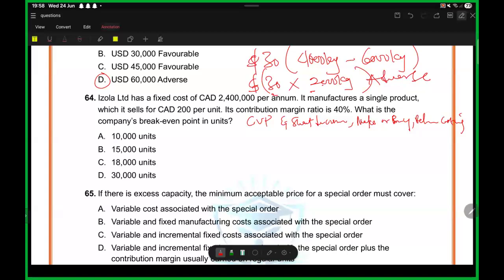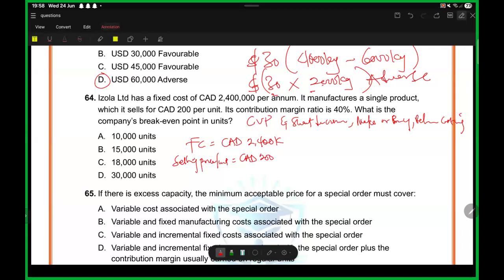So what you have to know is Zola Limited has a fixed cost. That is in Canadian dollars, 240K per annum. It manufactures a single product. We can have a mix of products, but this is a single product, and it sells for, so the selling price per unit, is given as 200 Canadian dollars per unit.